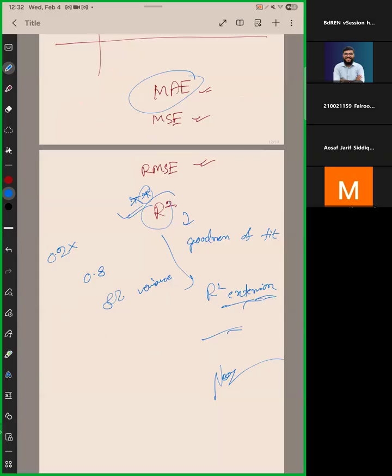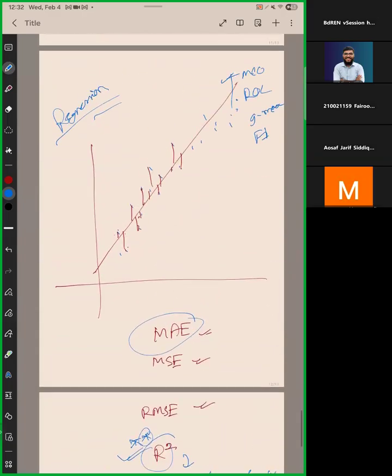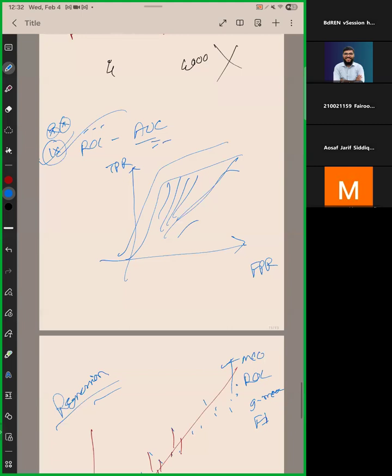Sir, how do we understand whether the ROC AUC score is good or bad? The ROC AUC score ranges from the best version, which is a perfect square-shaped curve, where the ROC score is 1. The worst version is random prediction, if your curve is the diagonal line, whose value is 0.5. Actual scenarios usually are close to the square but not perfect. So 0.7, 0.8, the higher it is, the better. The maximum it can be is 1. If your ROC score is 0.8, that means it is a very good prediction.